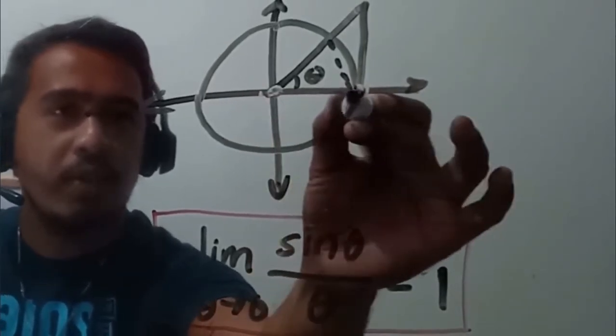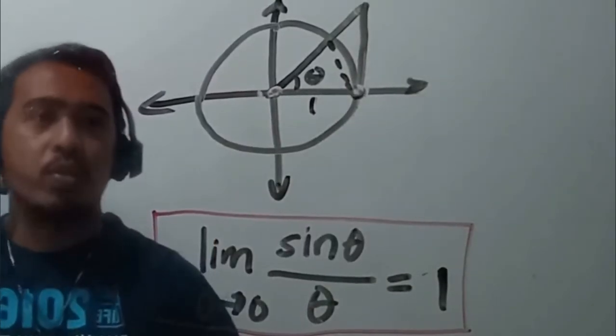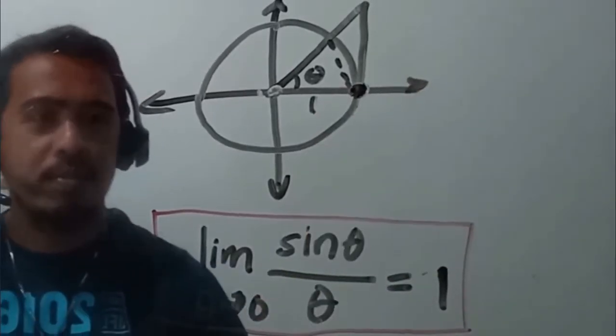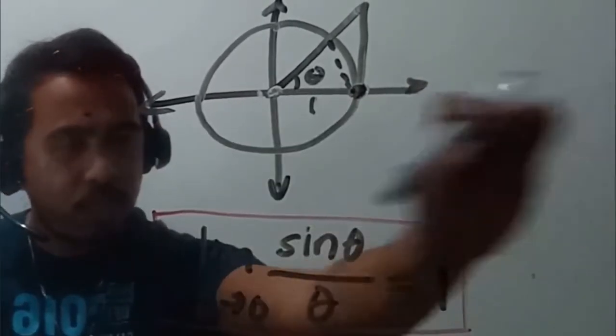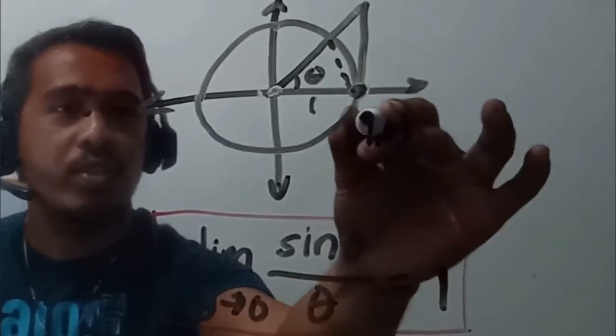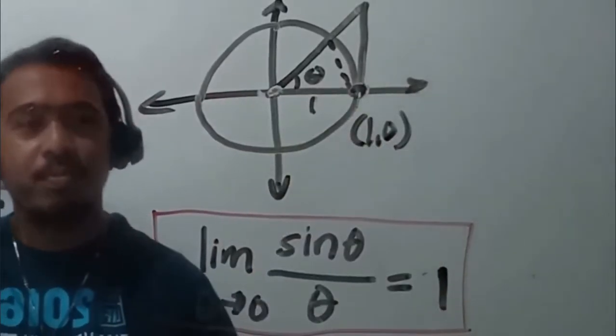By the way, the radius is 1, so this measurement is 1. So this is the terminal point of that quadrantal angle, and it is just (1, 0). This is x equals 1 and y equals 0.